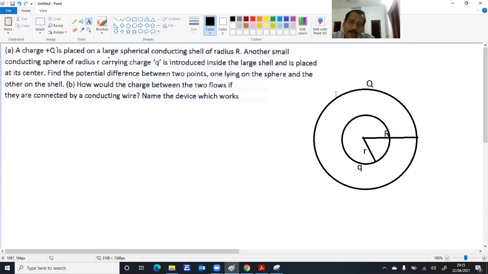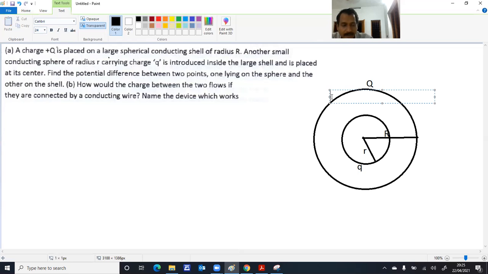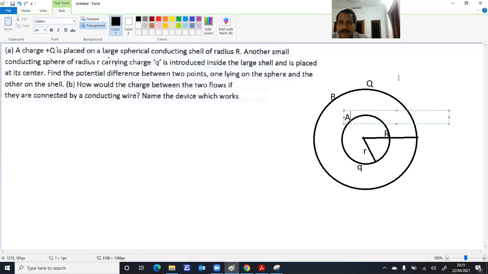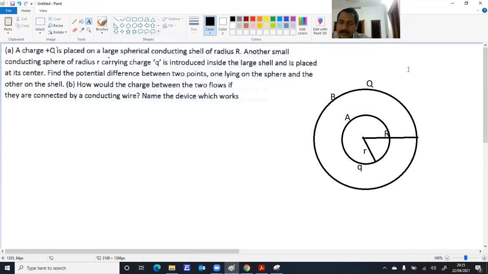For convenience, here I'm marking the points as A and B. What do you find?